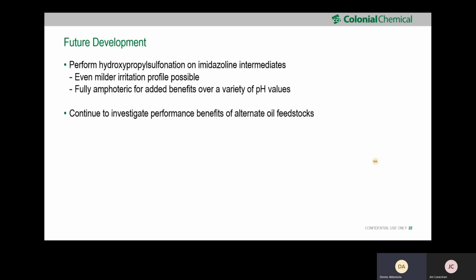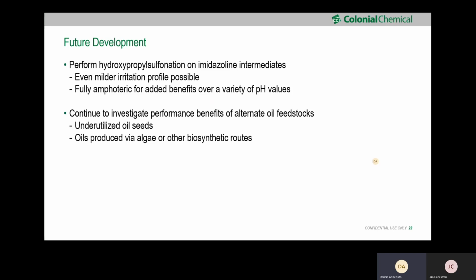We continue to investigate performance benefits of alternate oil feedstocks. That includes underutilized oil seeds, things that may be cropped for other reasons, where the seeds and their associated oils are not typically a value product for those crops.